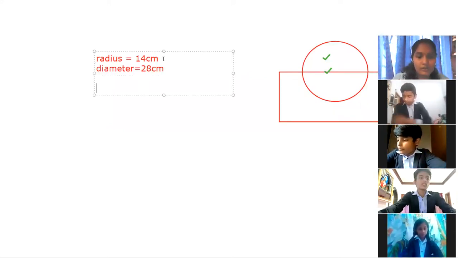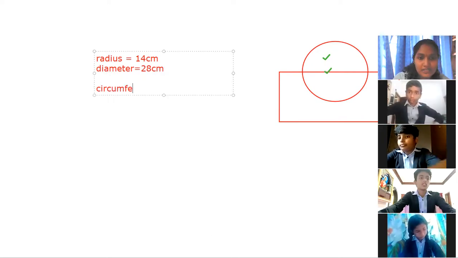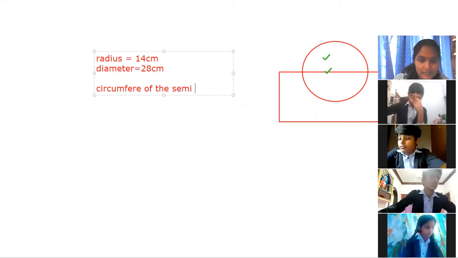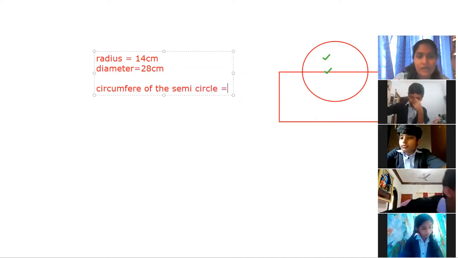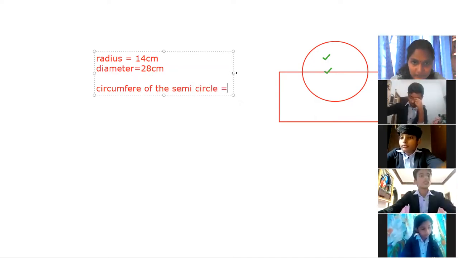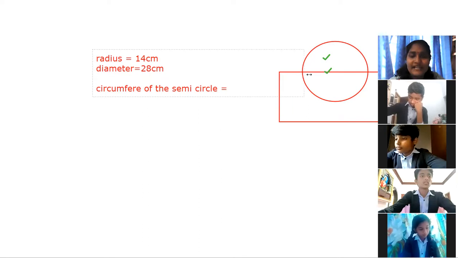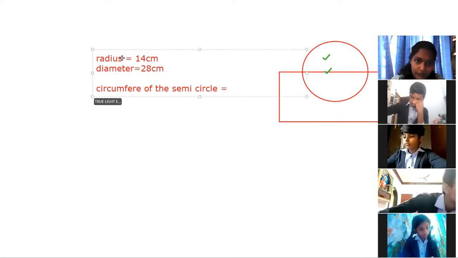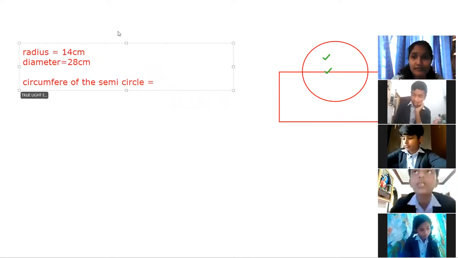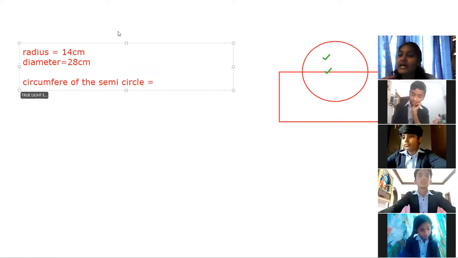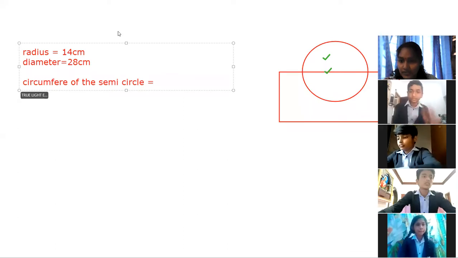Okay, now the circumference of the semicircle. What is the equation? Complete circle equation we know, but here it is semicircle. Semicircle is definitely half of the circle, right? Semi means half of the circle.